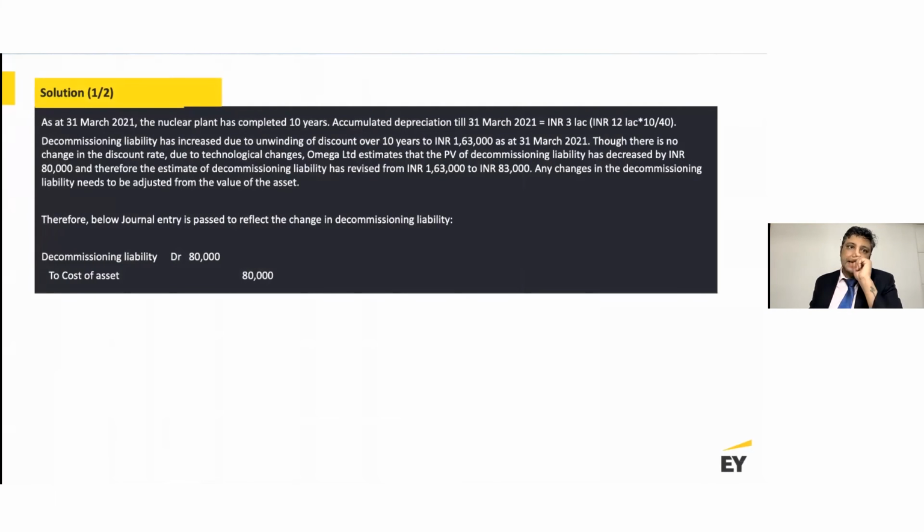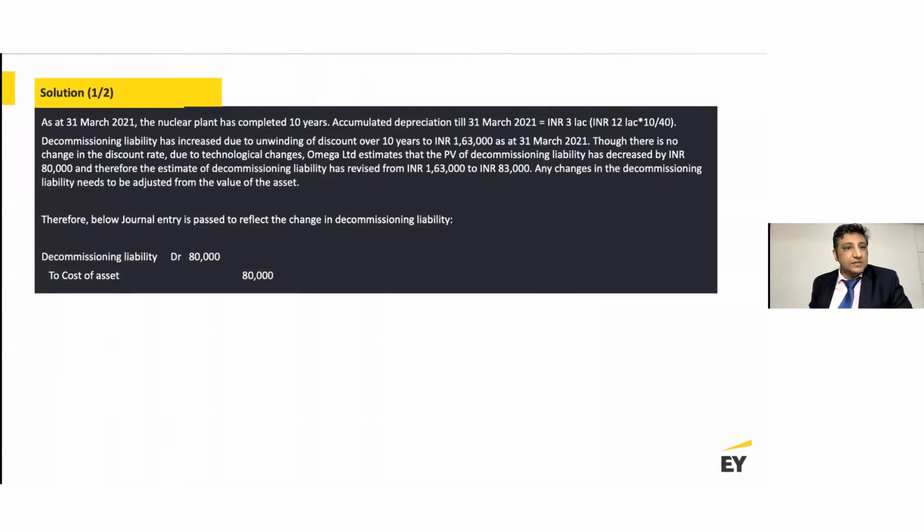It says that as at 31st of March 2021, the nuclear plant has completed 10 years. Accumulated depreciation so far for the 10 years period is 3 lakh rupees. Now, since the decommissioning liability has increased from 1 lakh, the original value, to 163, this is the information given in the question.